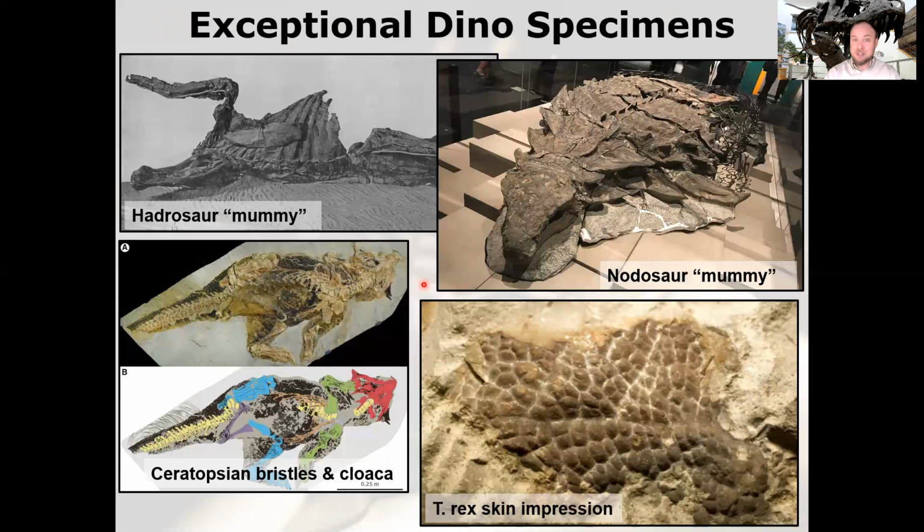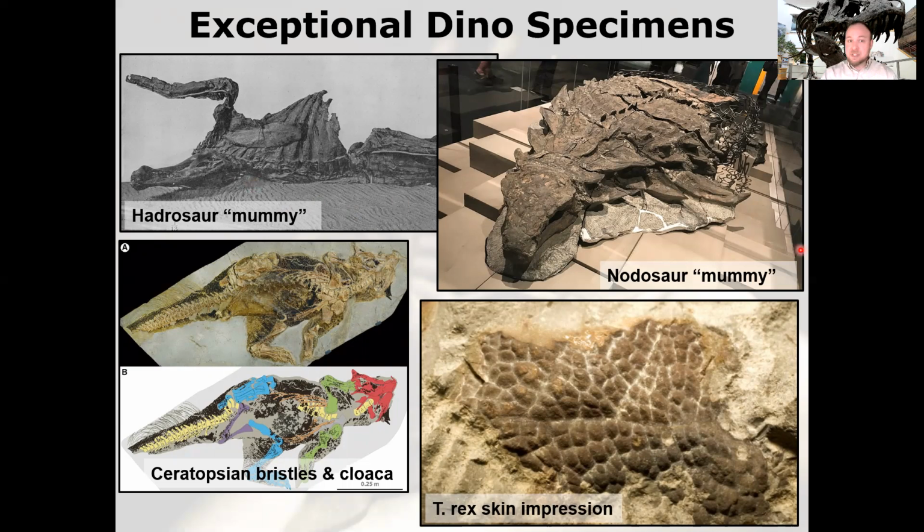So some exceptional specimens are a hadrosaur mummy, the duck-billed dinosaur mummy. This is interesting because it's fully articulated. The entire skeleton is there. You have prints of the soft skin, and it's actually fully articulated.